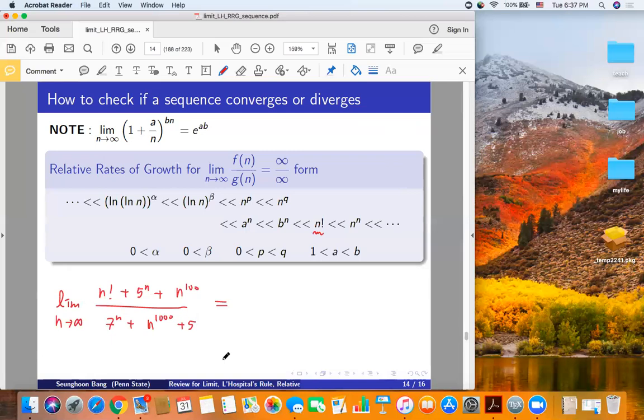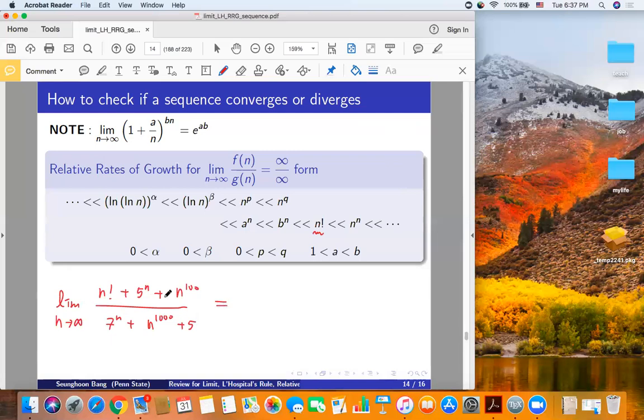What is the answer? The answer is infinity.